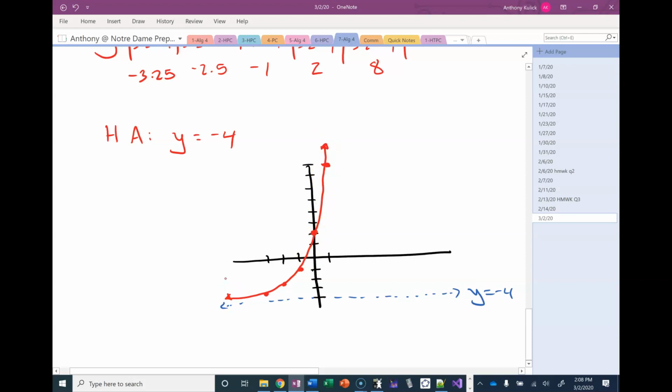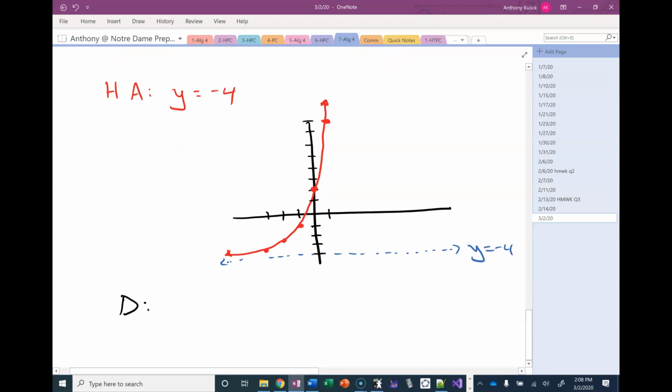So, okay. We should also now talk about the domain and range here. So the domain is about which coordinate, the x or the y? X. Okay. So notice that I have an arrow at the left end of my graph.